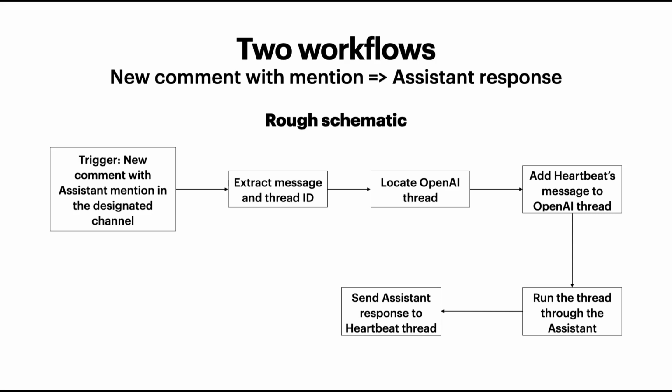Then we will need to locate the corresponding OpenAI thread, which would have been created already when someone started the thread. Then we will need to add the message that someone left in the Heartbeat thread into the corresponding OpenAI thread. Then we run it through the assistant, and then we pipe the assistant response back into the Heartbeat thread, responding to someone who left the message in that thread. So that's roughly speaking how this will work.